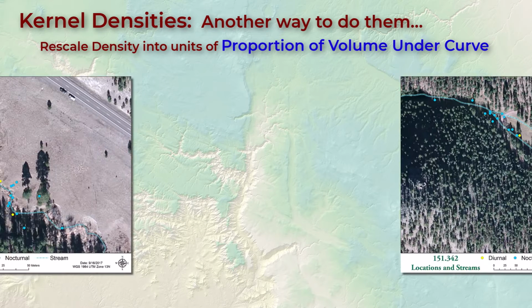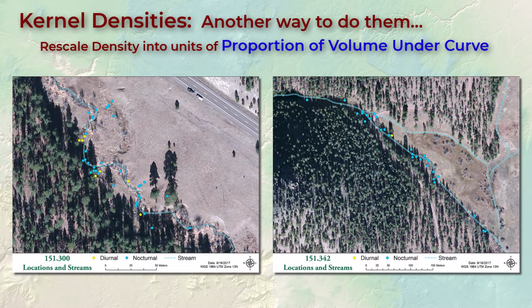For example, in a study on New Mexico jumping mice, we see that kernel densities do a great job at mapping where each mouse spends its time. Unfortunately, each mouse has a different number of observations, and these observations are distributed over differently sized areas. Therefore, the distribution of density values is very different between these two mice, and it's impossible to pick an actual density level that would identify equivalent home ranges and core areas for each.